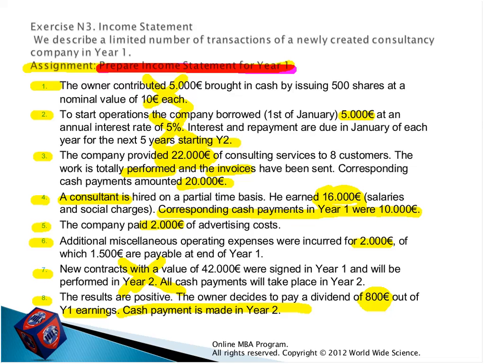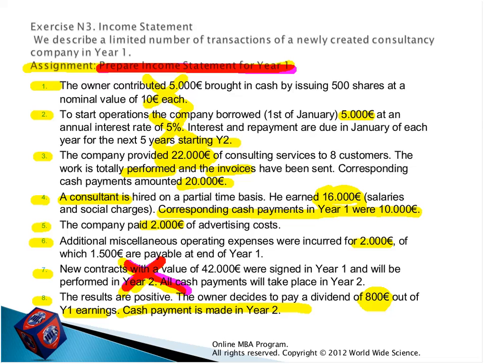So why am I talking about this right now? Because if you have further assignments or an exam, you must consider which year you are preparing the income statement for, and what kind of expenses you have, which are prepaid expenses, which are accrual expenses. As well, you will have some sentence like a new contract is assigned.